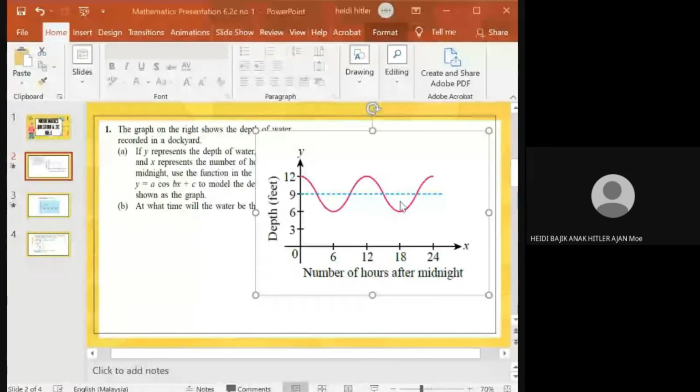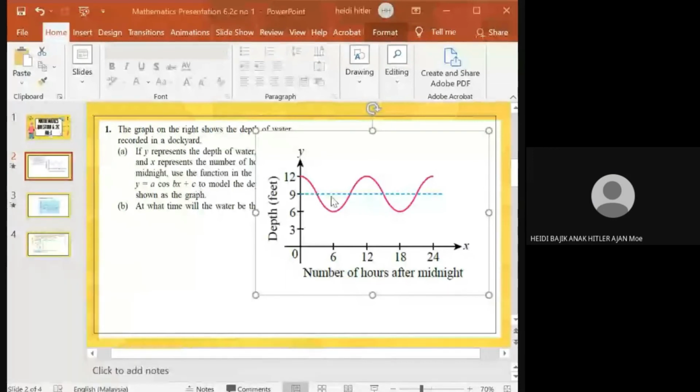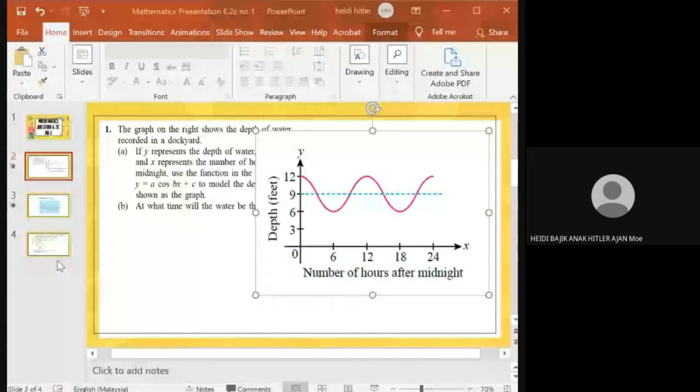The line here should be 0, but this function has a c. So if you look at the graph here, the middle line is 9. So we can conclude that c equals 9. Thus, y equals 3 cosine 30x plus 9.